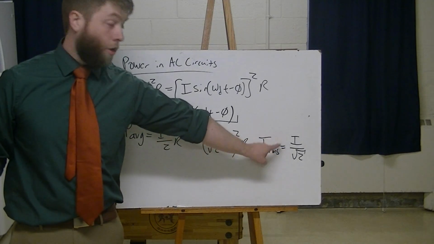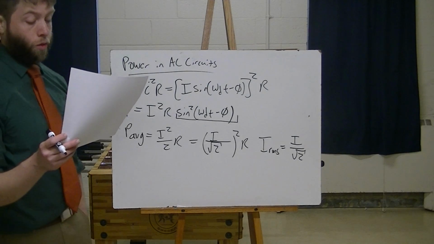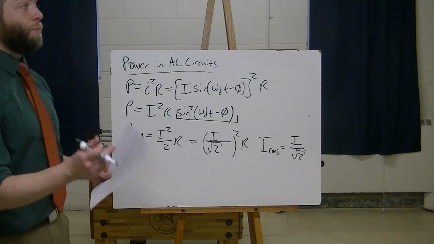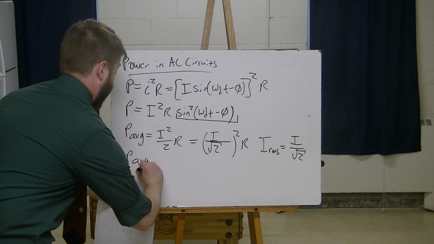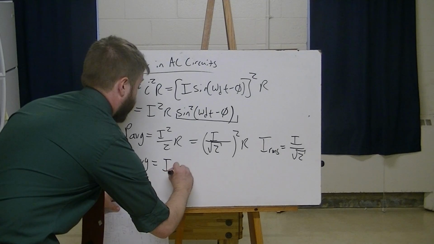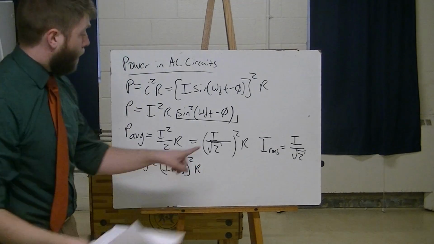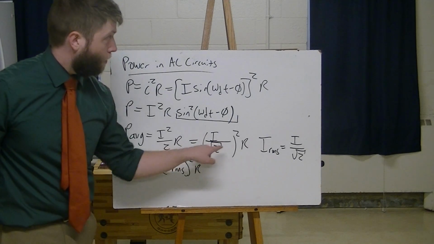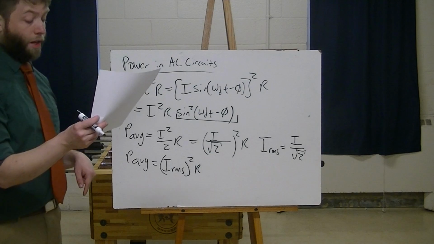Root mean square is equal to the amplitude of the current divided by the square root of 2. This allows me to rewrite the power equation. The average power is now equal to I RMS, the quantity squared, multiplied by R. I've replaced I over the square root of 2 with I RMS.